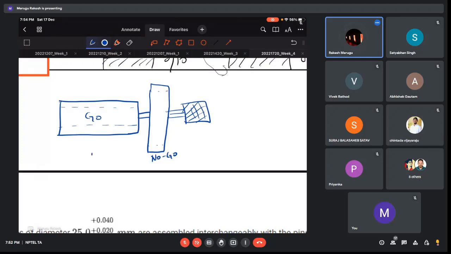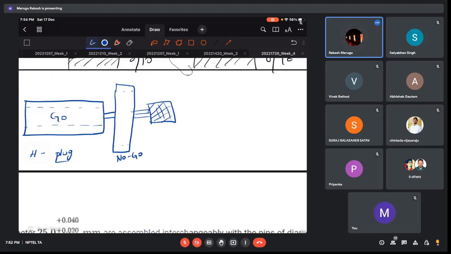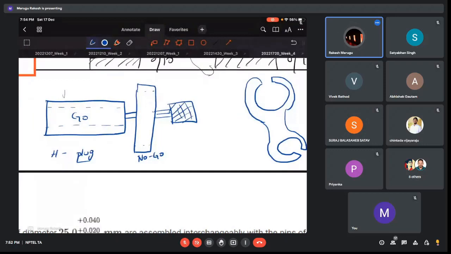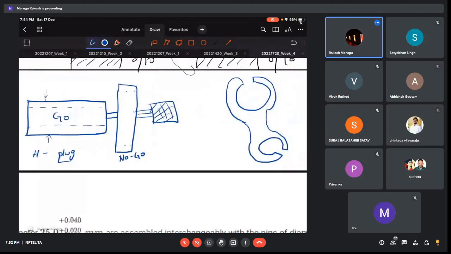These are plug gauges used for holes. Similarly, these are ring gauges. Sir, the go gauge should be small in size, no? Yes, this is small in size only, right? Okay, these are ring gauges.